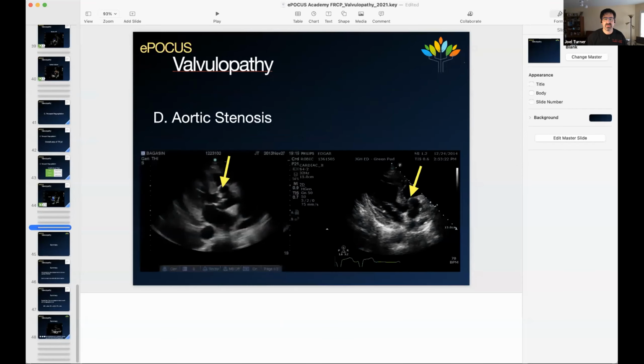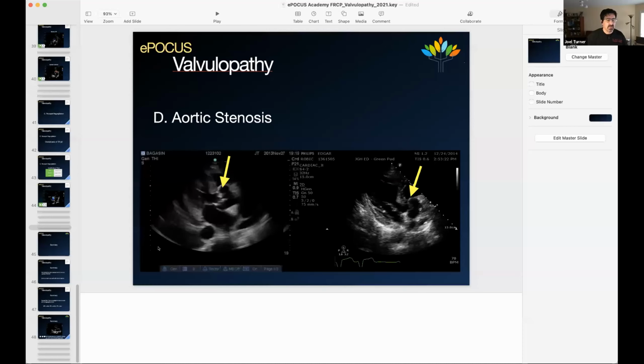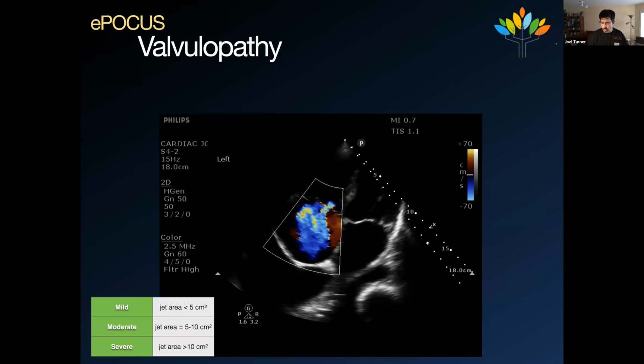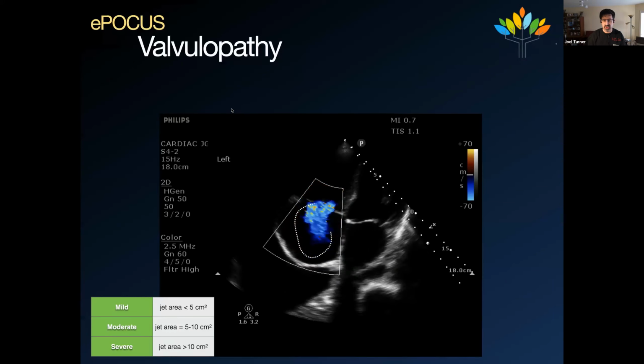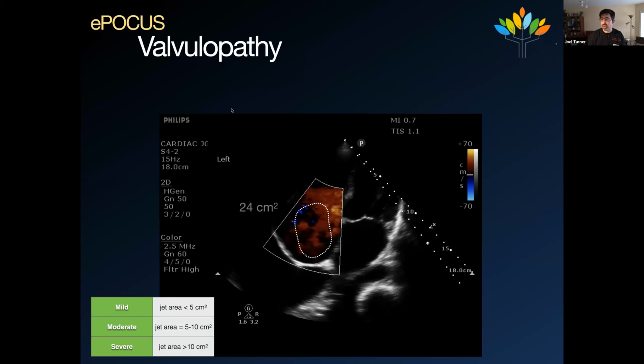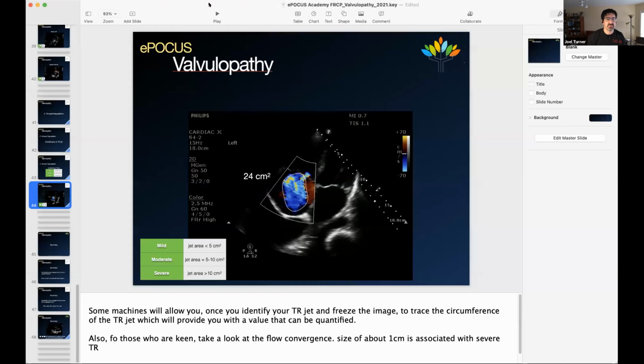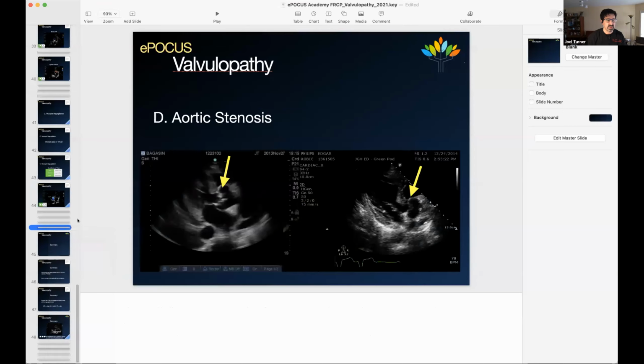I'm just going to share this screen. Whoops. For aortic stenosis, I want you to look at it. Whoops, can't show it to you. Unskip, here you go.